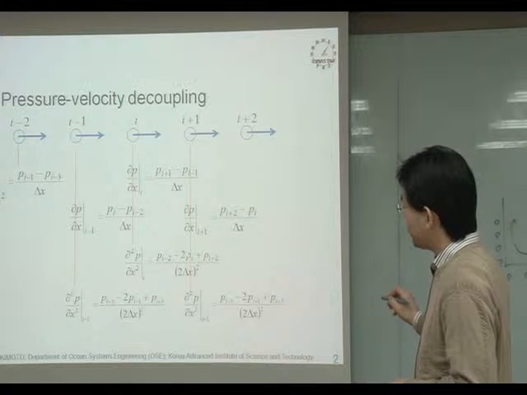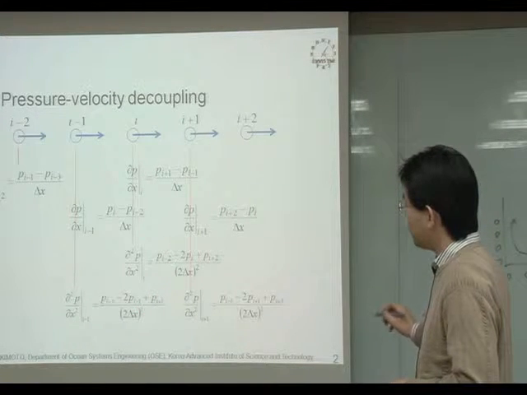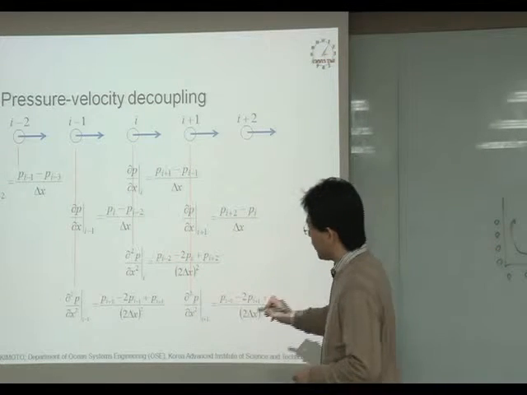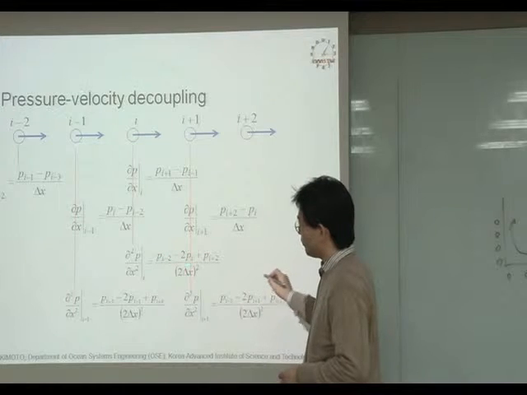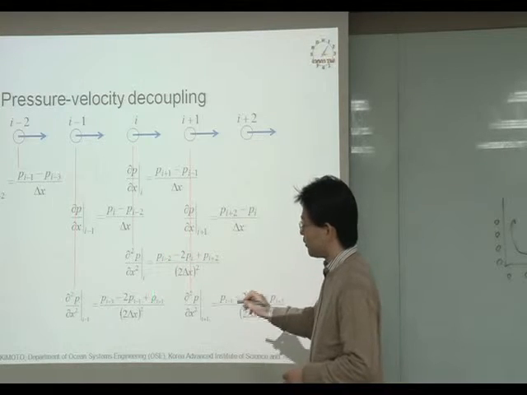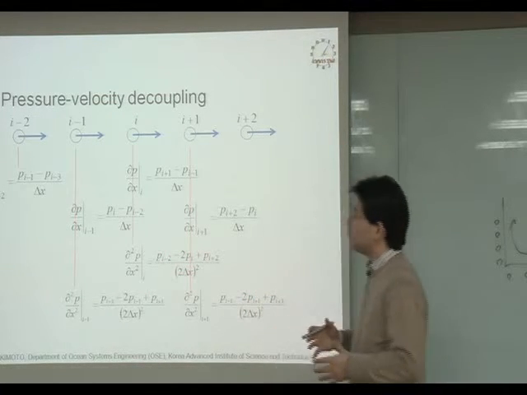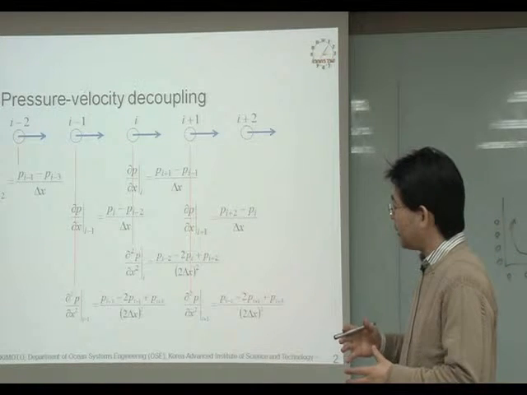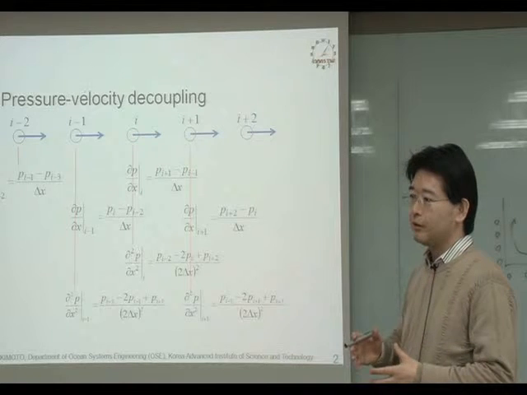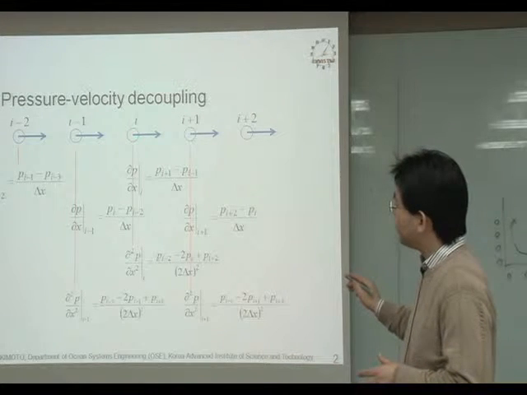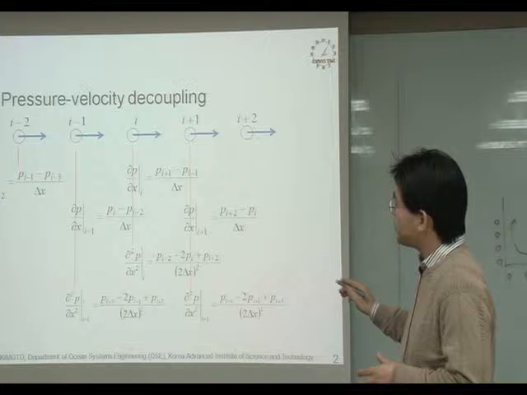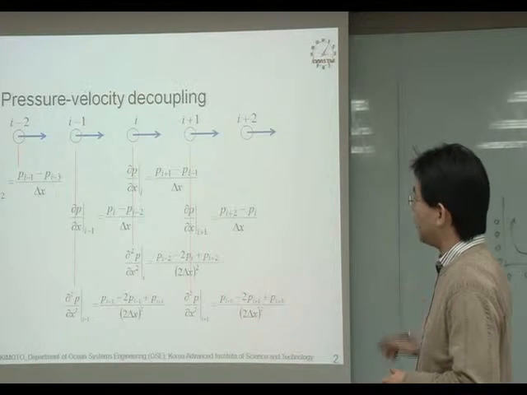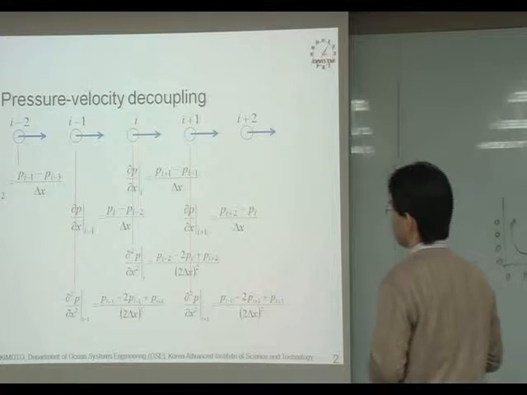By comparing these two stencils, you can find there are no shared points between this estimation and this estimation. So there is a kind of decoupling of the i points and the i minus 1 points. It happens in all the domain of the simulation.